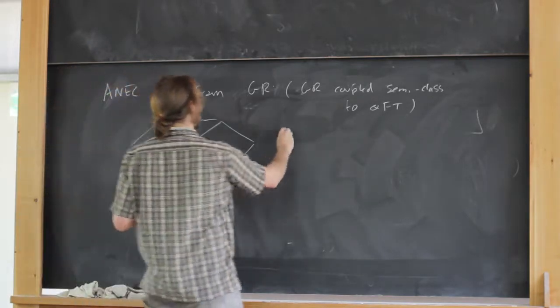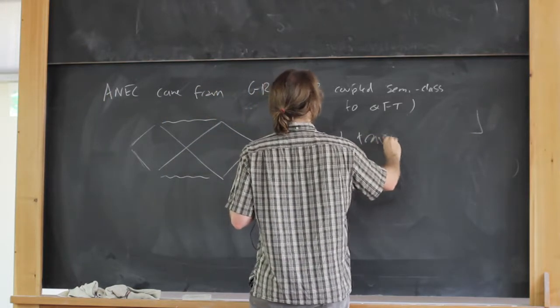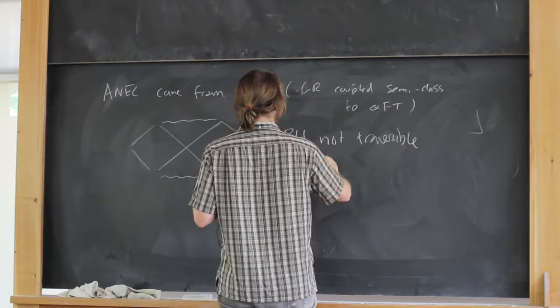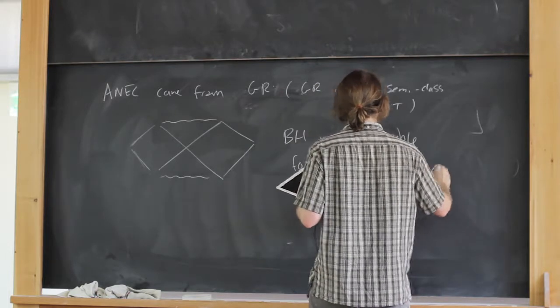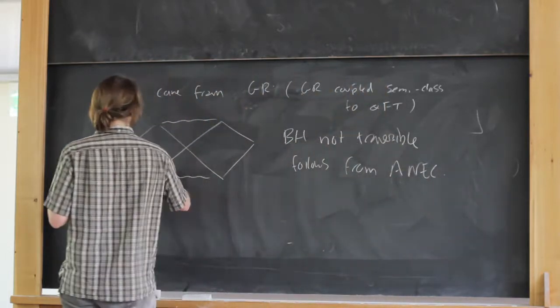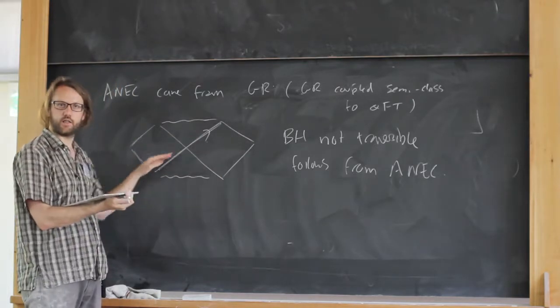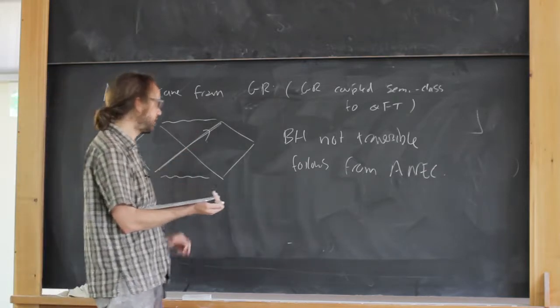So black holes being non-traversable follows from the ANEC. Now it's the ANEC in curved space, but it's one that we can still derive because it's integrated along this Killing horizon, and these methods can be generalized to that situation.